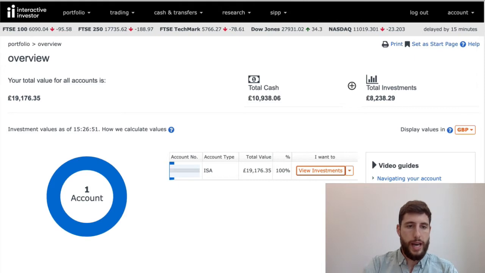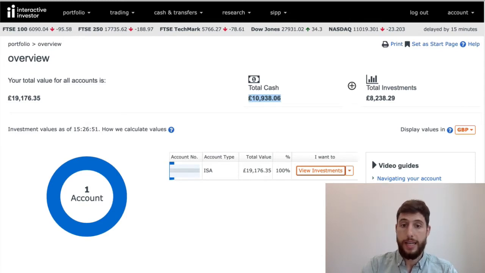So what are we looking at here? First of all, it's saying the total value for all of the accounts that we have here is £19,176. That's split up into £10,938 in cash.